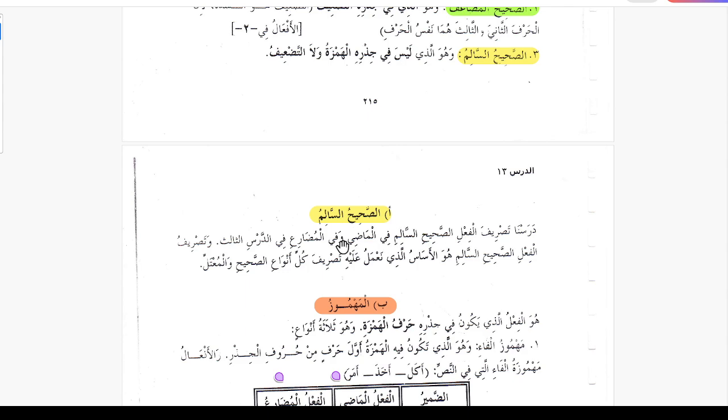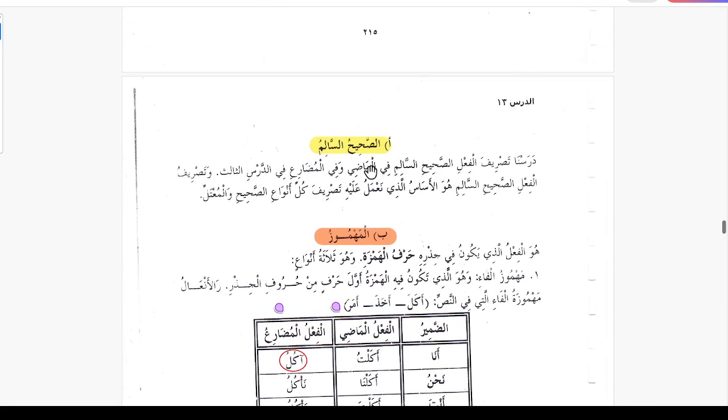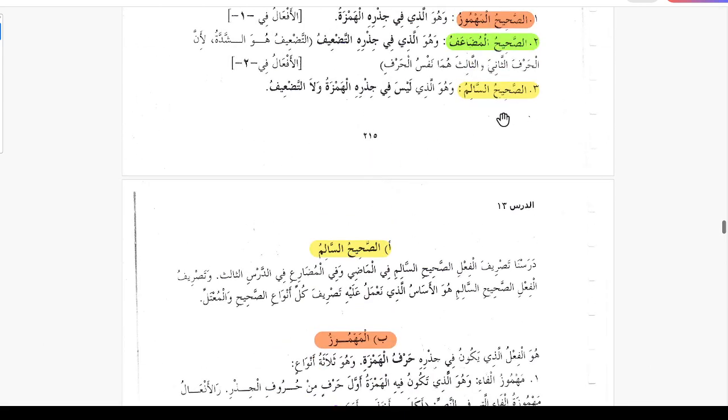This is the form that does not have a hamza or a doubled letter. That form is the baseline form, and any changes from this we will explain in the other forms. This is what it says. So the third one is clear, we have already studied it: it does not have hamza and does not double.